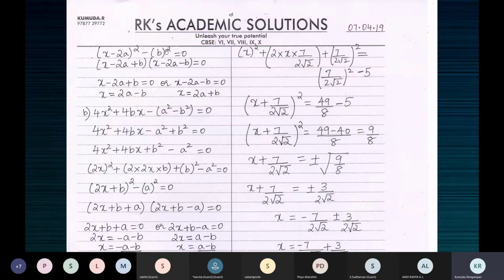And then that minus b square is written as minus b the whole square. Now it's a difference of 2 squares, like p square minus q square. So it's p plus q into p minus q. So like this, we solve the equation. We solve for x.